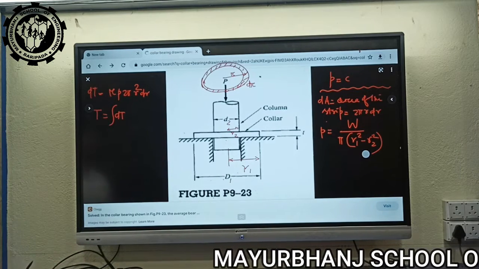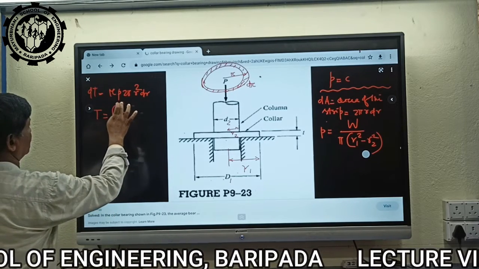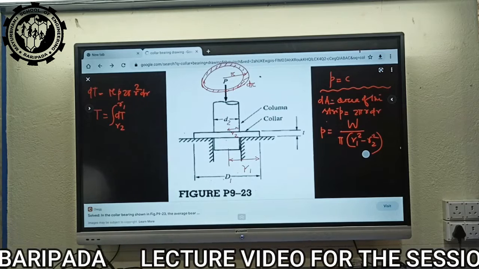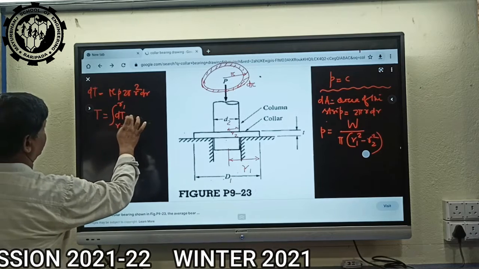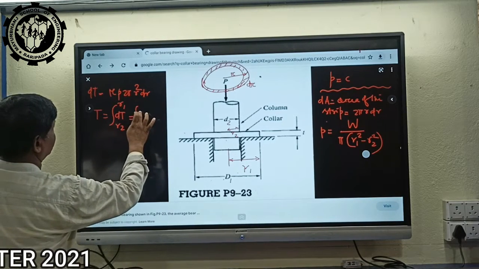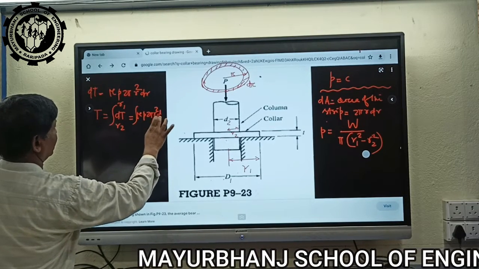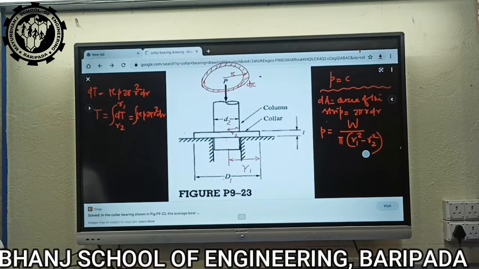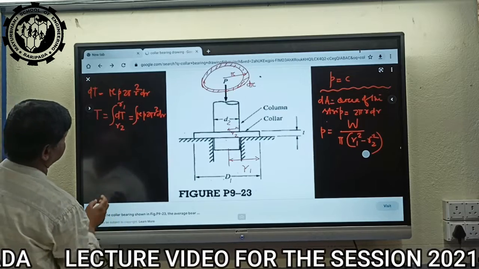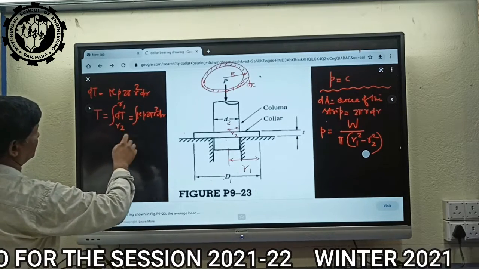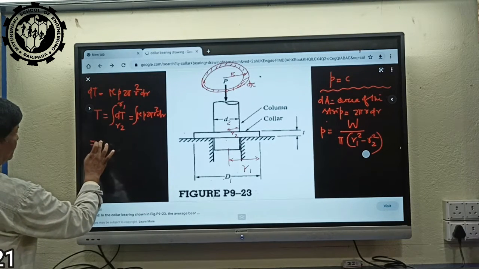Here the limit is different, from lower limit R2 to R1. Putting the value of dT, mu P 2 pi R square dr, mu is constant, P is constant, 2 pi is constant, and integration of R square dr is R cube by 3.